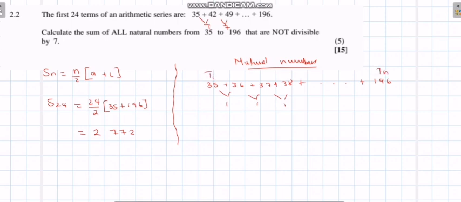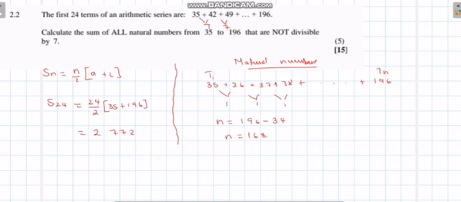We don't know the value of the term, but we know 34 terms are already out. Because natural numbers start from 1, 34 numbers are already out, so n is 196 minus 34, which is 162.